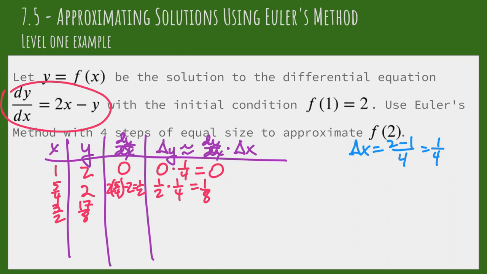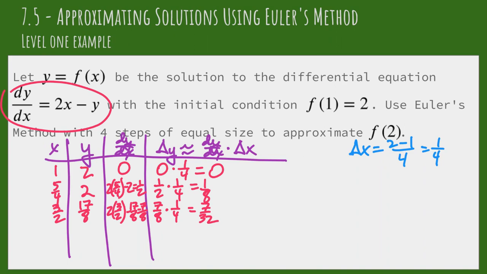And we find dy/dx then at that point. So that'll be 2 times 3/2 minus 17/8. So that's 3 minus 17/8, which is 7/8. So delta y then is going to be 7/8 times 1/4, which would be 7/32.